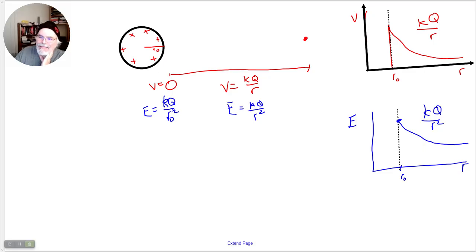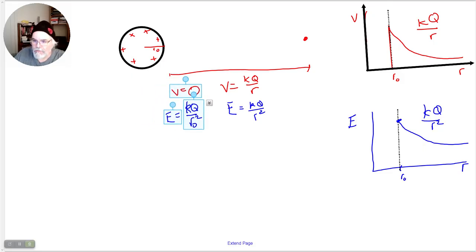And then when we get inside, what happens? Well, inside, there's no electric field, right? Inside, the, boy, I've screwed this up pretty big time.